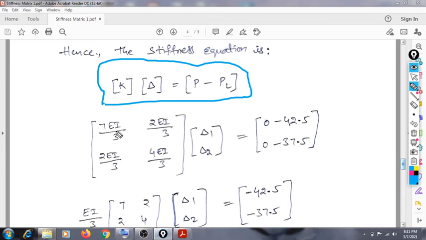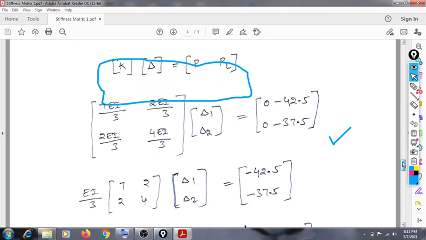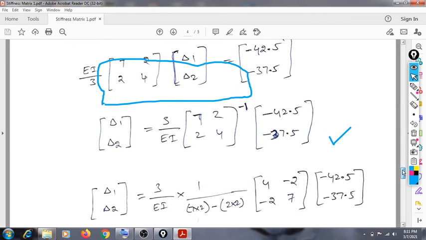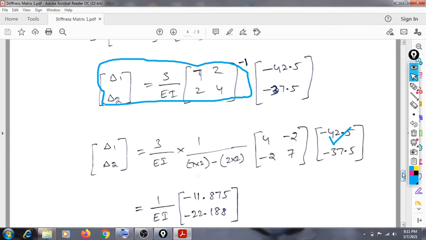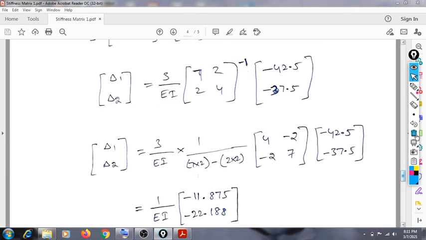Substituting these values 7EA by 3, 2EA by 3, 2EA by 3 and 4EA by 3, and delta 1 and delta 2, 0 minus 42.5, 0 minus 31.5. Later EA by 3 is taken as common, 7, 2, 2, 4. We write them as usual, and we go to delta 1 and delta 2 here, and doing it in the same manner, 3 by EA, 7 2, 2 4, taking the inverse of it, minus 42.5 minus 31.5.